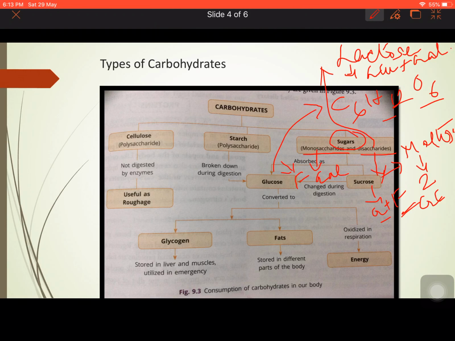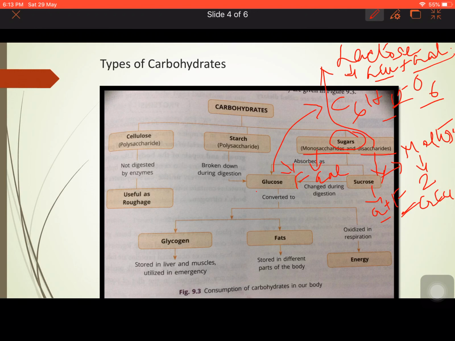We have seen that all these compound sugars, or disaccharides, are formed when two molecules of simple sugars combine together. Di means two. So sucrose combines glucose and fructose, maltose combines two molecules of glucose, and lactose combines glucose and galactose. So I think this part is clear to everyone.